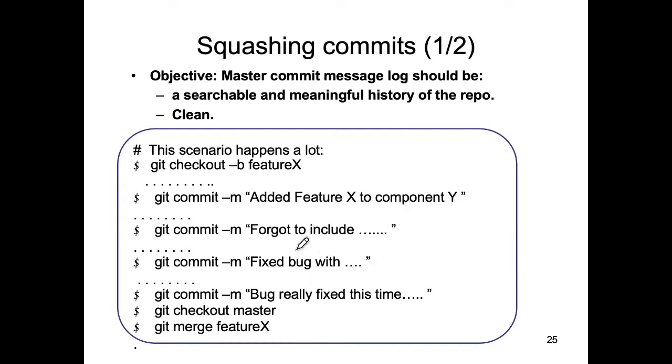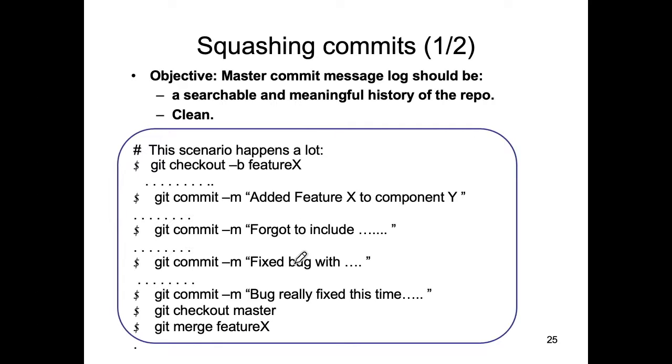And some of these commit messages aren't great, really. They're informative, but when we merge this branch back into the master, all we'd like to see on the master branch is a single commit stating that feature X has been added to the application. We don't need to know the process that you went through in order to get a completed feature X working.